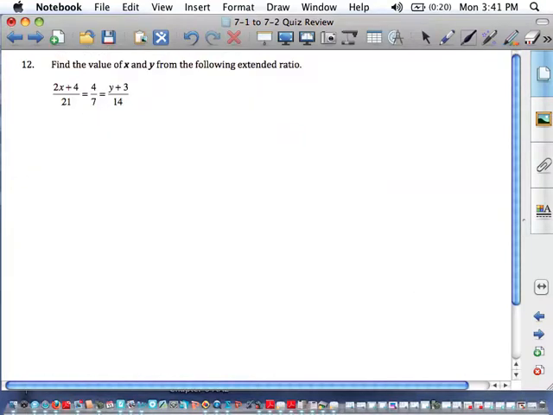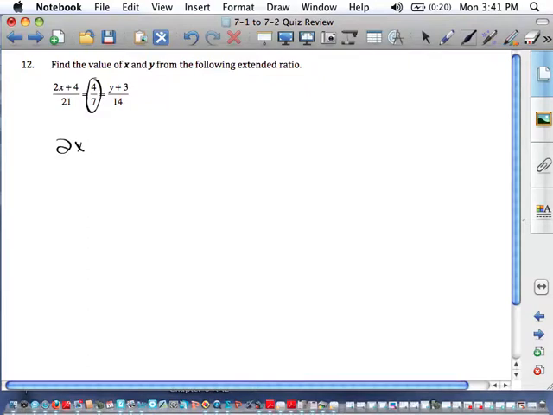Number 12, find the value of x and y for the extended ratio. Now remember, you can't solve this the way it is. You have to set up two proportions in order to solve this. You want to have just one variable in each of these proportions.